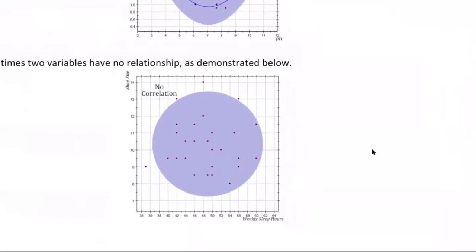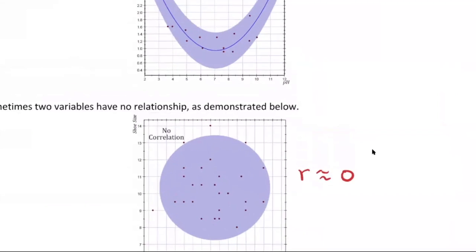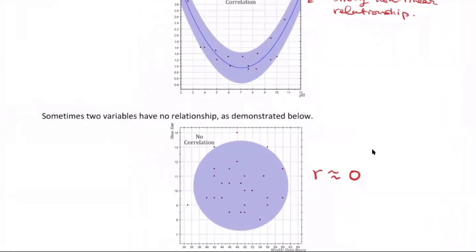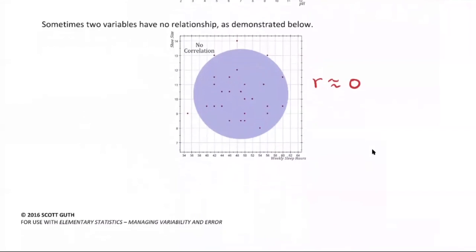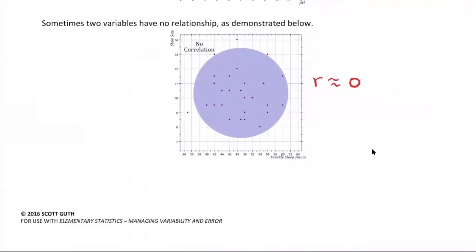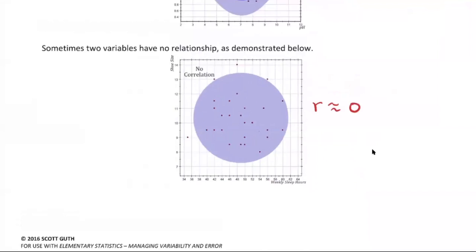I think R will be close to 0 on that. I don't see any linear pattern there. Now the difficult thing is the nonlinear case, let's do nonlinear a sec. Okay, so no relationship is where R is close to 0. We talked about that.